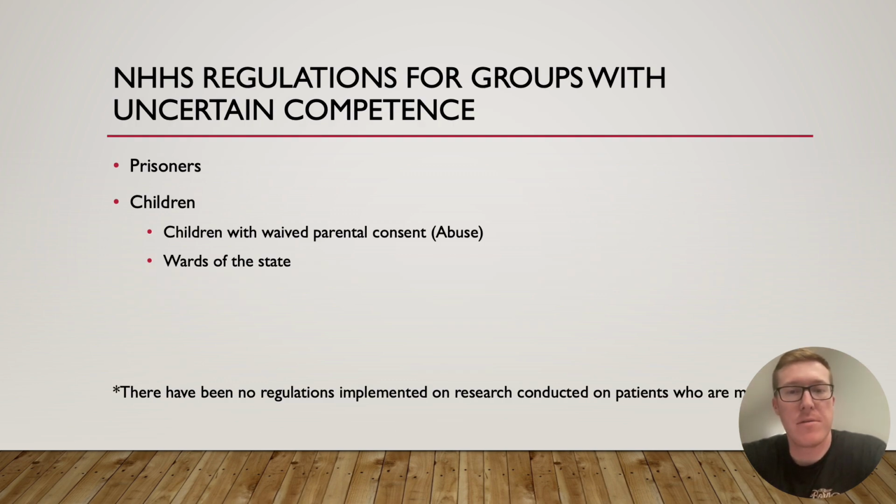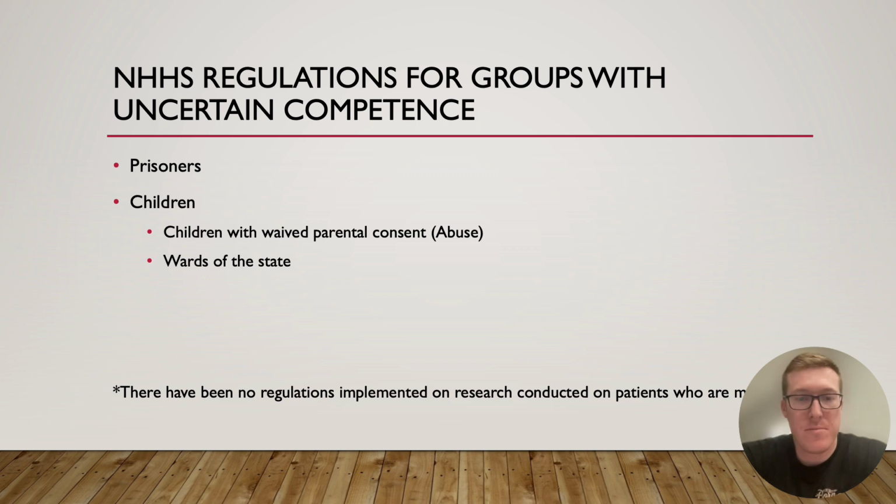DHHS regulations for groups with uncertain competence, such as prisoners, where prisoners are forbidden from participating in research unless the research is directly related to the study of criminal behavior and does not involve incentives for participation that would influence their decisions.